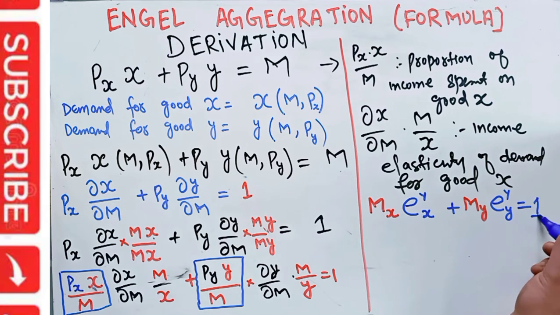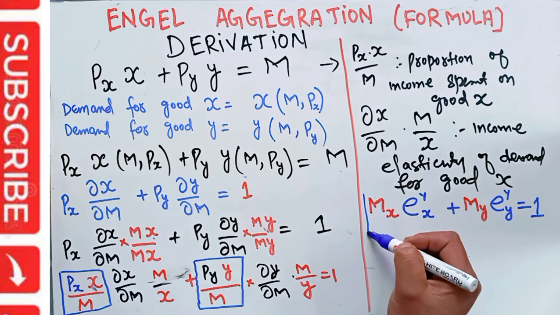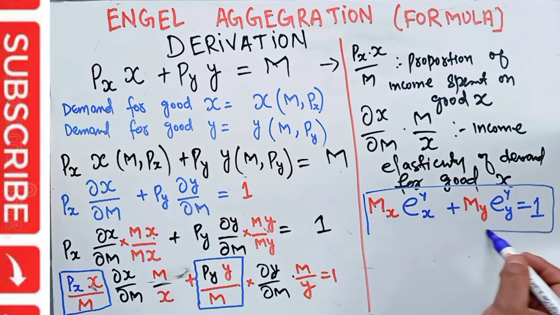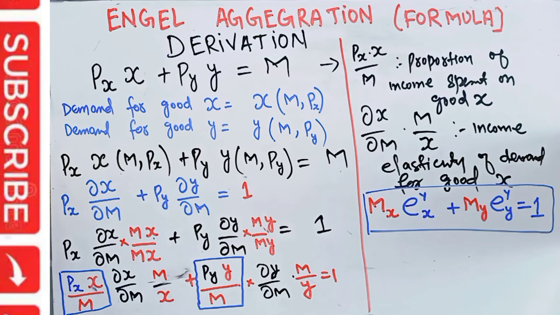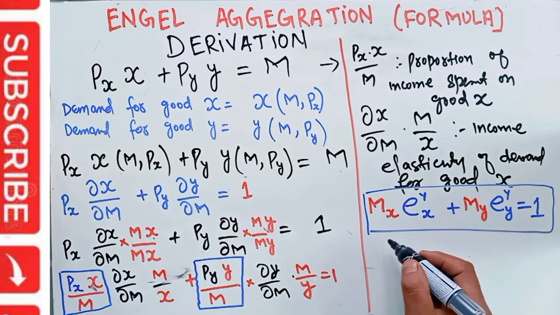This is the Engel aggregation formula, which simply tells us that the share weighted income elasticity of demand sums up to 1.